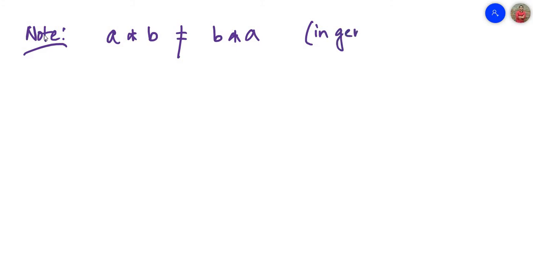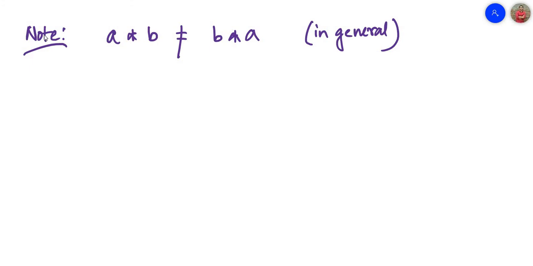I'd now like to point out a bit of technicality. I write them as side notes. Note number 1, notice that not for all members do we have A star B the same as B star A. This is not true in general. So in general, these two sides are not the same.